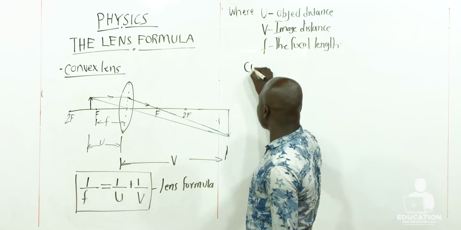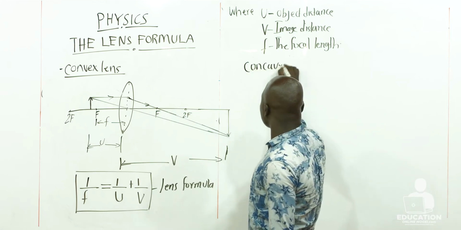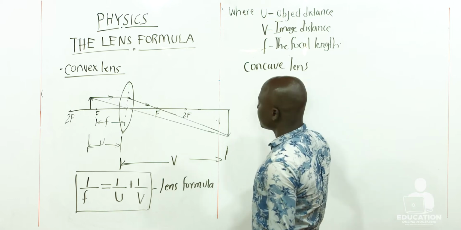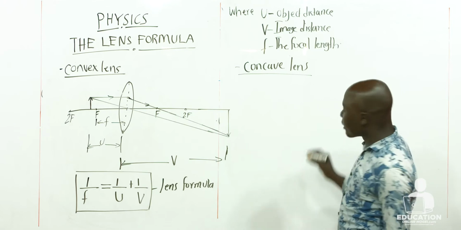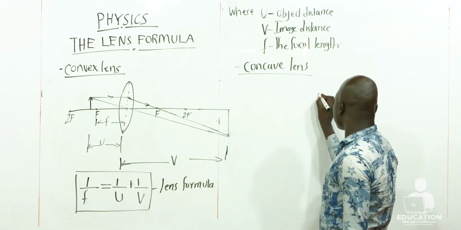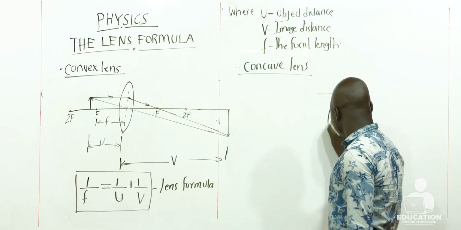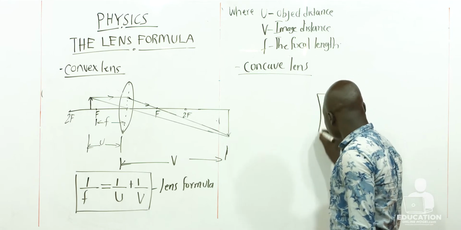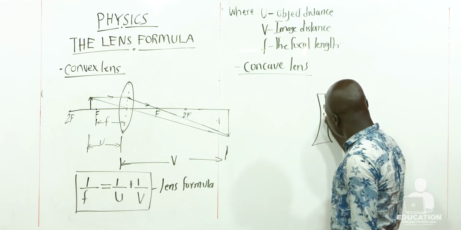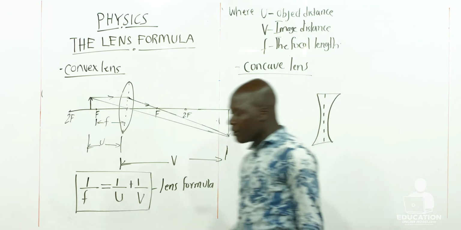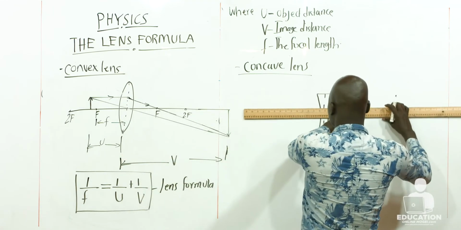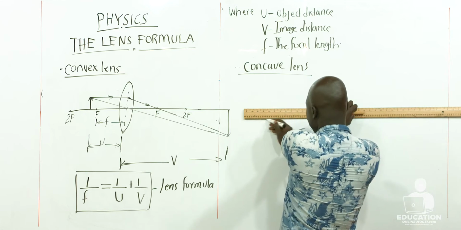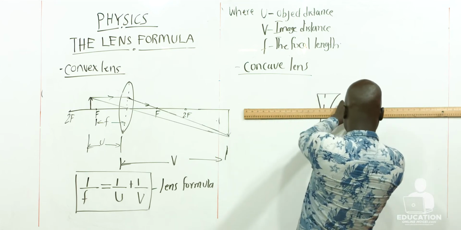Now if we take a concave lens, this is how a concave lens appears. So this is a concave lens. Then a line through the optical center is called the principal axis.